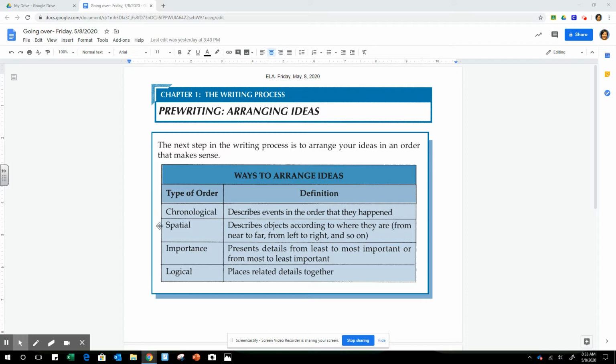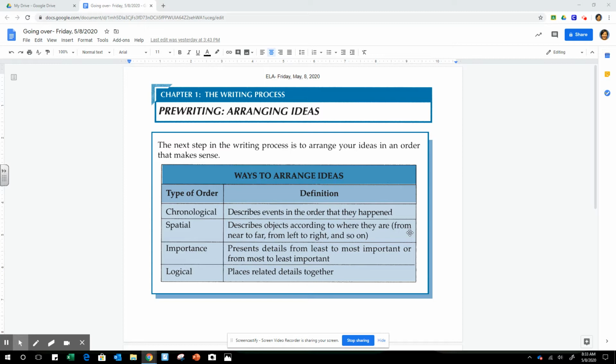The next type of order is spatial. Spatial describes objects according to where they are, from near to far to from left to right, and so on. So spatial, coming from the base word or the root word space, is describing a type of writing that requires you to give description of your environment.